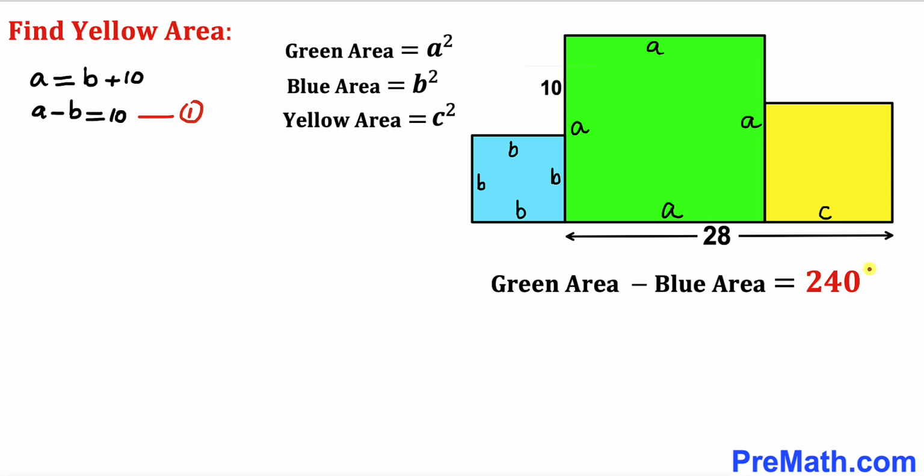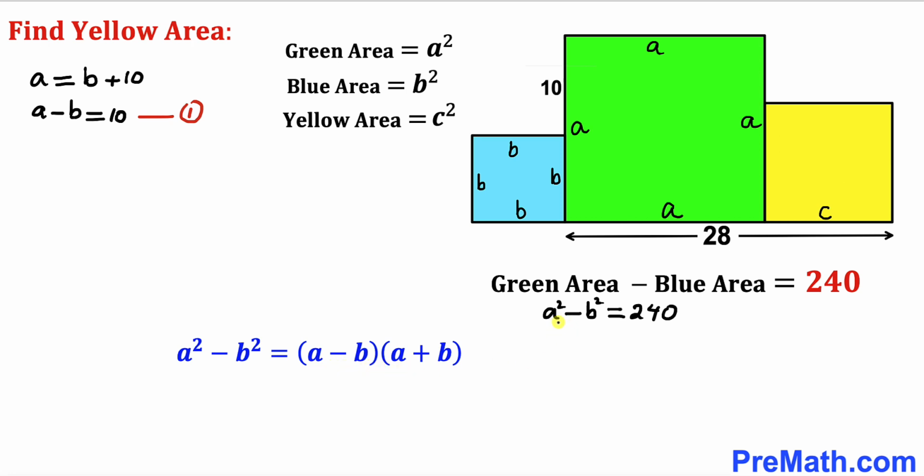Now let's focus on this statement: green area minus blue area equals 240. That has been given to us. We know our green area is a squared, so a squared minus b squared equals 240. Now let's recall this famous identity: a squared minus b squared can be written as a minus b times a plus b.